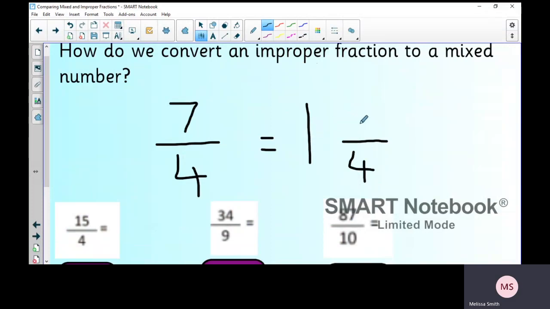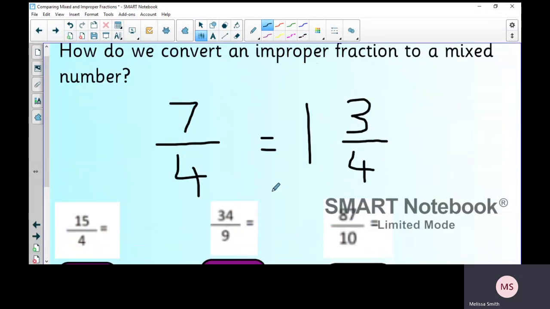So I've done my denominator, I've got my whole. What's left is my numerator. How do I work that out? Well, my numerator is whatever is left to get me to 7. So 4 goes into 7 one whole time, and there's 3 left over. And that's simply how you do it. So step 1, denominator stays the same.